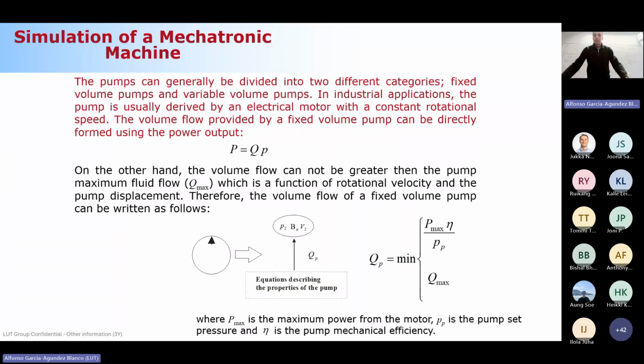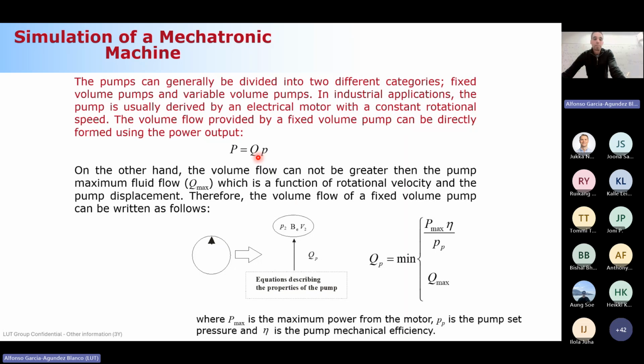You agree with me that if we write here Pmax, the maximum volumetric flow rate that the pump can provide is constrained by this maximum power, right? So basically, this equation, this QP, comes from isolating Q in this equation.